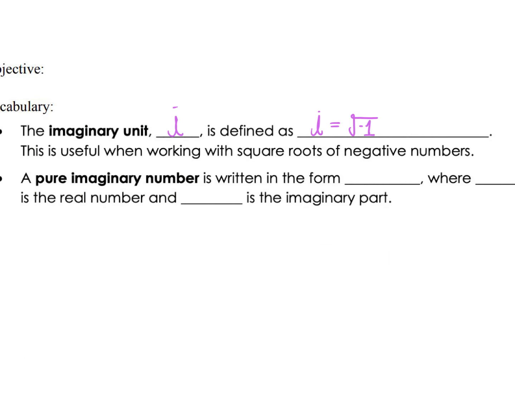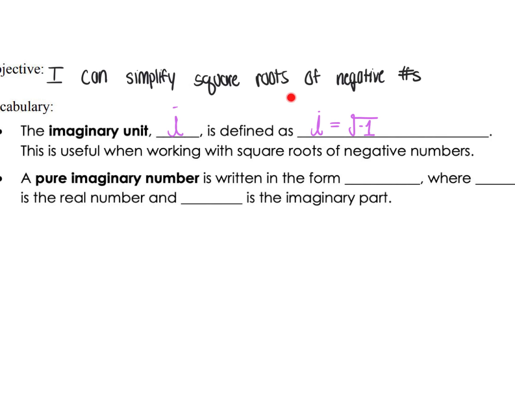So the entire concept here, oh, let me not forget the objective. It is, I can simplify square roots of negative numbers. So the entire concept of the complex plane stems from taking the square root of a negative number. So we define i as literally the square root of -1.